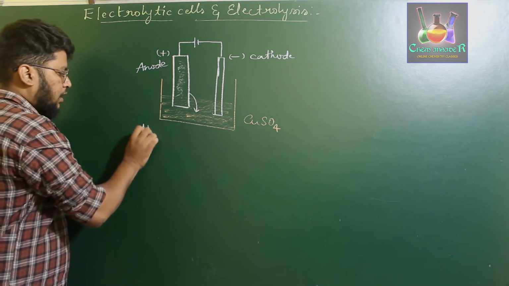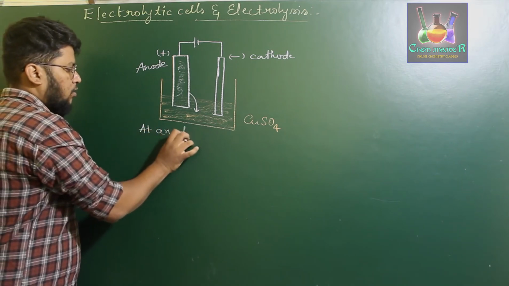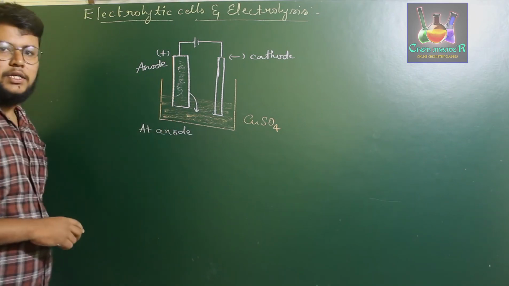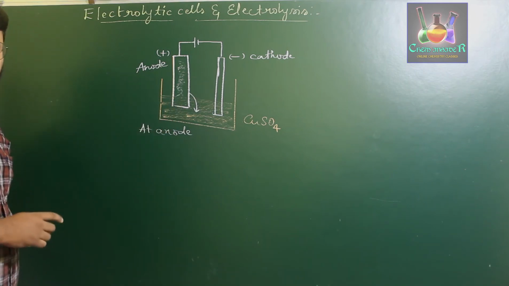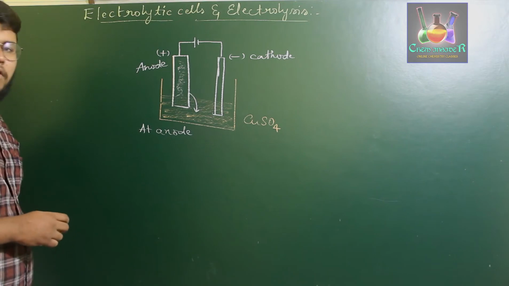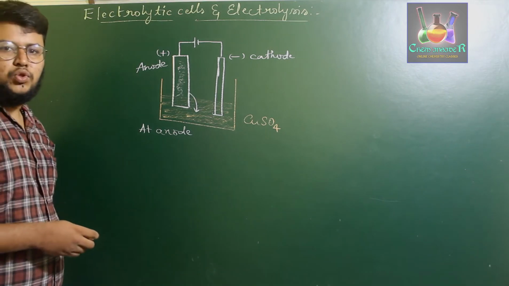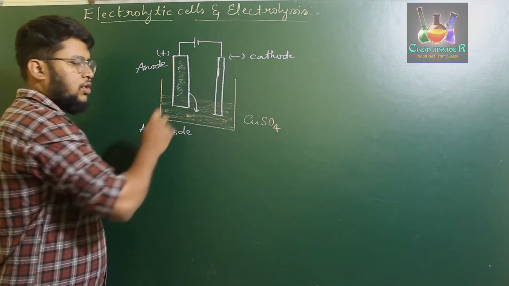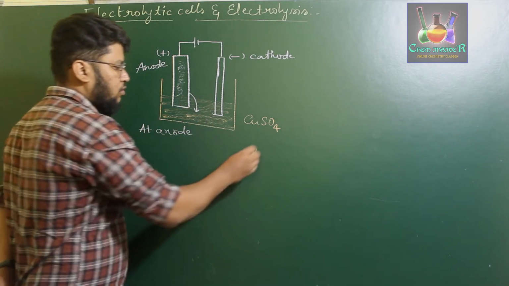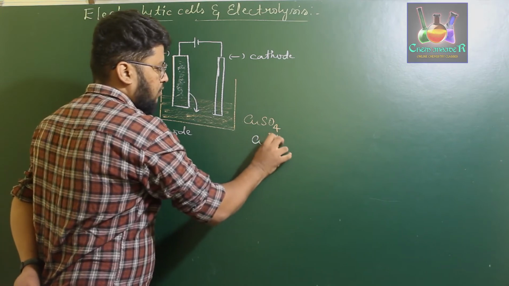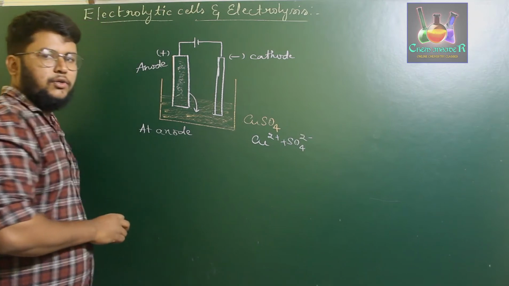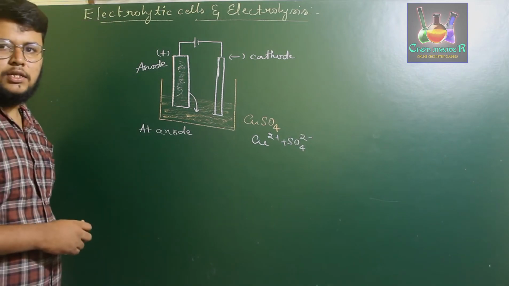So if you consider the reaction happening at the cathode, the copper in the solution will be gaining electrons. So where did it get the electrons from? If you consider the solution over here, it is formed by Cu2+ cations and SO4 2- anions.